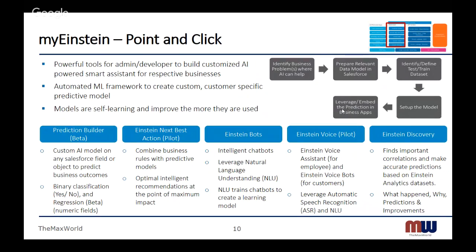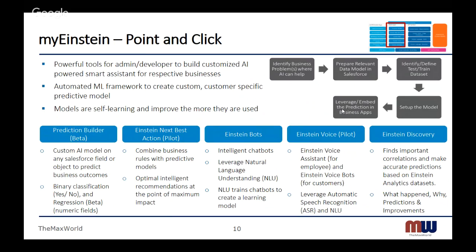How about that? How can you apply machine learning algorithms provided by Salesforce on your custom object? Here comes prediction builder. So with prediction builder, you can create your custom model based on any Salesforce field or any Salesforce object, including all the custom objects, right? And the response can be binary classification. Primarily it is yes and no, but it can be numeric fields.